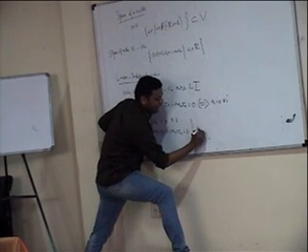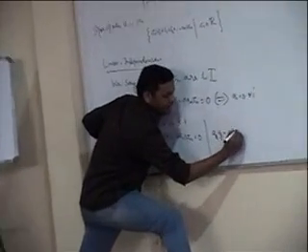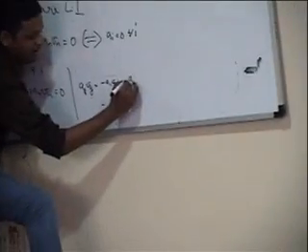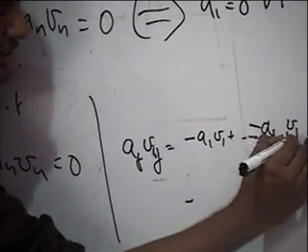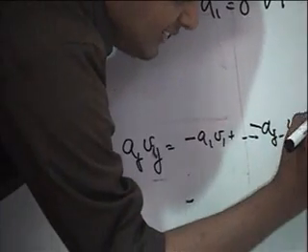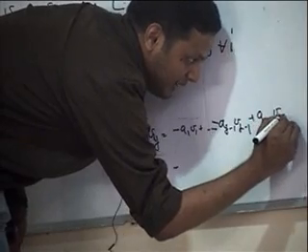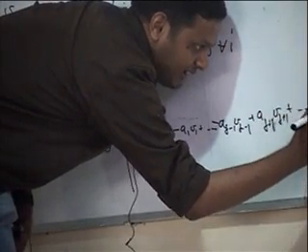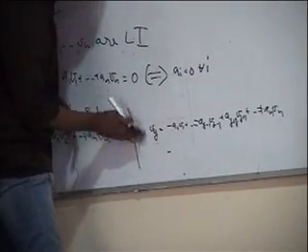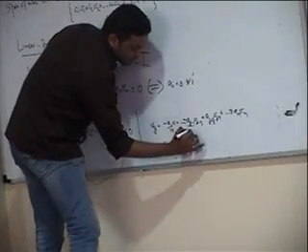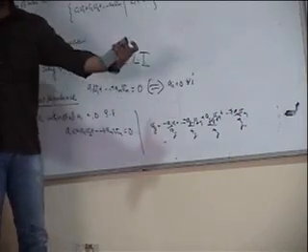I get aj vj is equal to minus of a1 v1 plus etc. up to minus of a(j-1) v(j-1) plus a(j+1) v(j+1) plus etc. up to an vn. And we can divide by this aj because aj is non-zero.